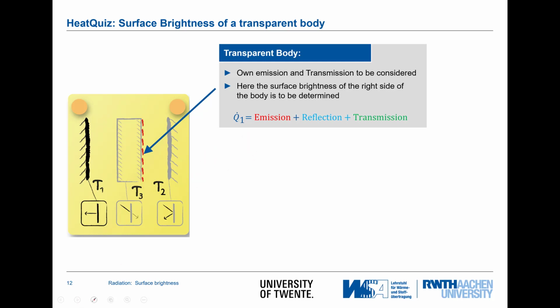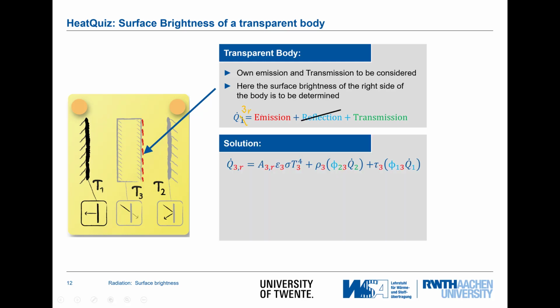This should be Q3 on the right hand side. So Q3 on the right hand side contains emission, and no reflection, because rho 3 is 0, it's not indicated, but contains transmission. So as shown above, emission and transmission are there, and here's the formulation for the terms.